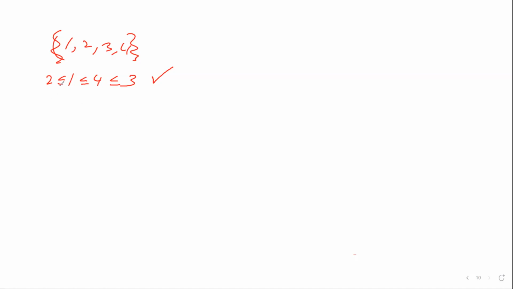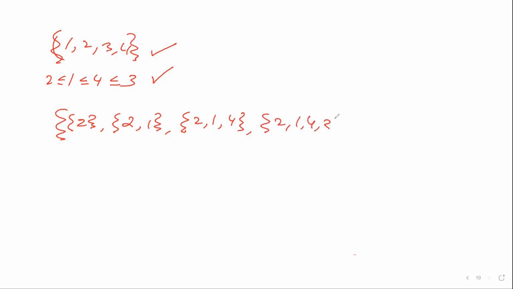Let us construct this ordering in a new set. It will be 2. What's the next one? 2, 1, then 2, 1, 4, then 2, 1, 4, 3. Now the beauty is, it doesn't matter how you write this. You can write 1, 2, 3, 4.